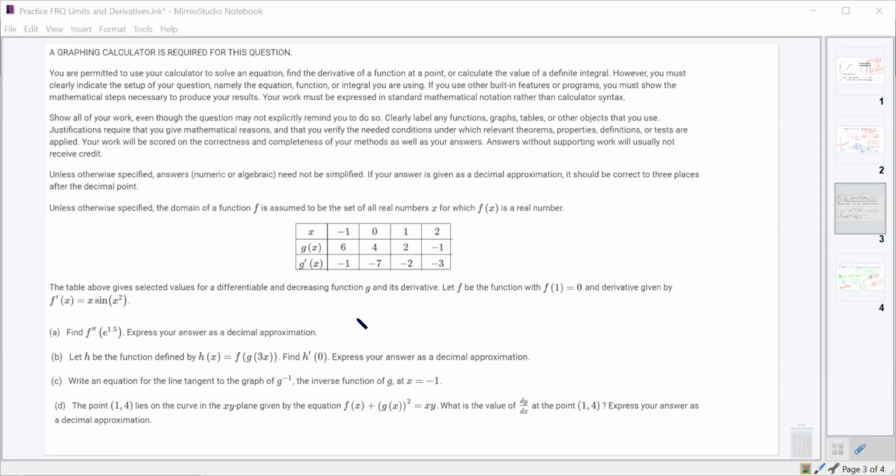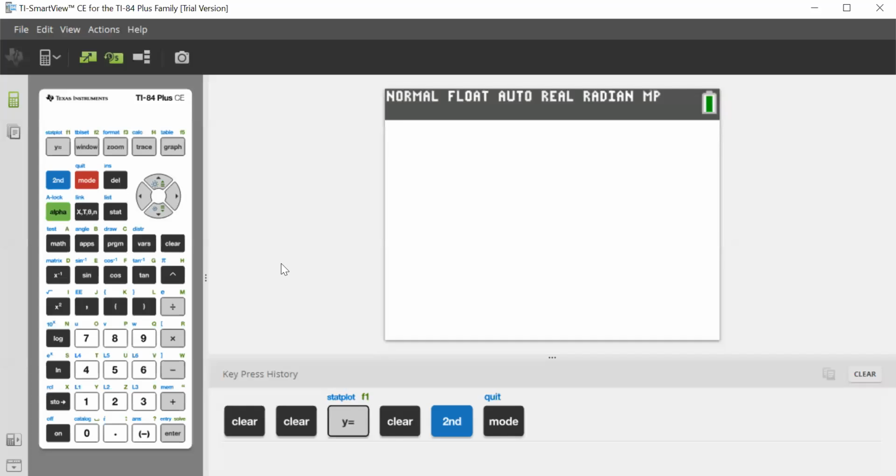If it were me, I would just use your calculator. I would say something like this: the derivative with respect to x of x sine of x squared, evaluated at x equals e to the 1.5, is approximately equal to. And then I would go straight into my graphing calculator and plug it in.